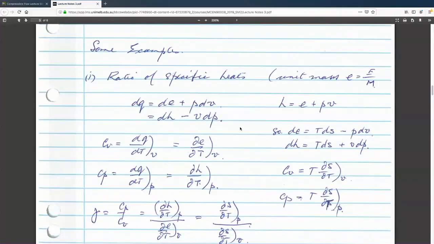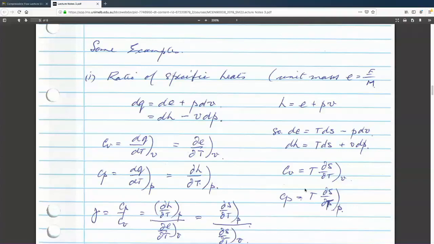So you can also see that dE/dT, if dE is TdS minus pdV, and I'm going to make the volume constant, so I don't have any pdV, then dE/dT at fixed volume will be simply T, dividing by delta T. Wait a minute, I should do it on the blackboard.